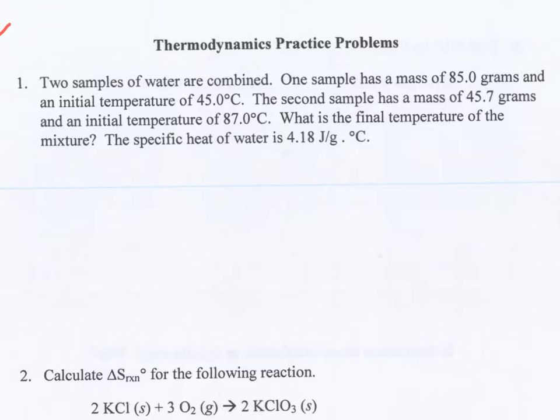And we'll have a total mass of the solution, and we will have some kind of final temperature after the two samples of water mix. We know that heat will flow from the 87 degree water to the 45 degree water, and we'll achieve thermal equilibrium. So what we're looking for is the final temperature.